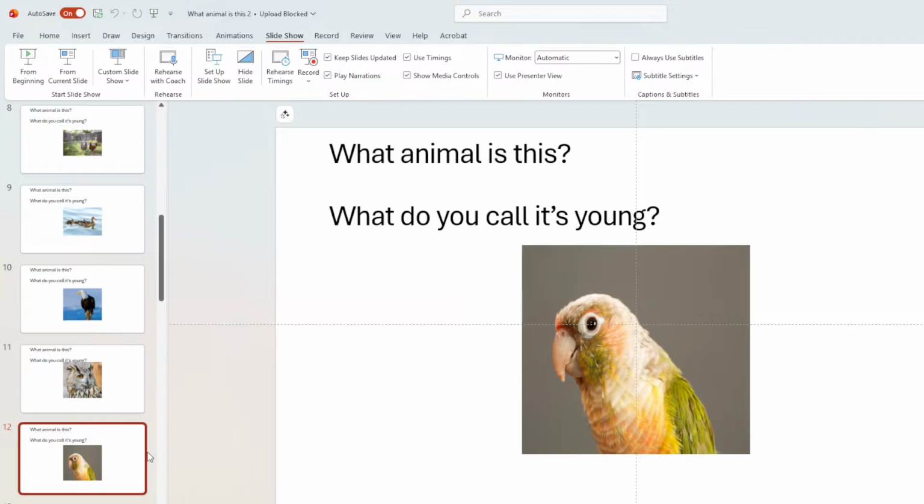And what do you call the young one of a parrot? Alright, so it's called a chick. Apparently it's just called a chick as well, just like young one of a hen is also a chick. Some will say it's a nestling or fledgling.